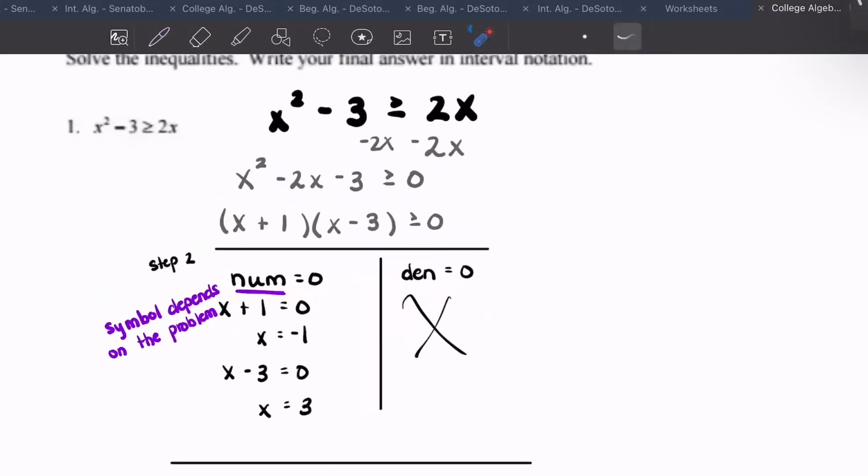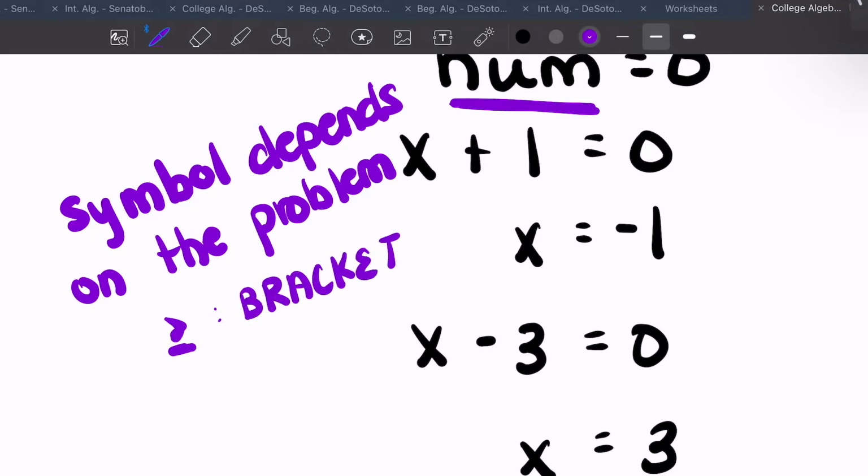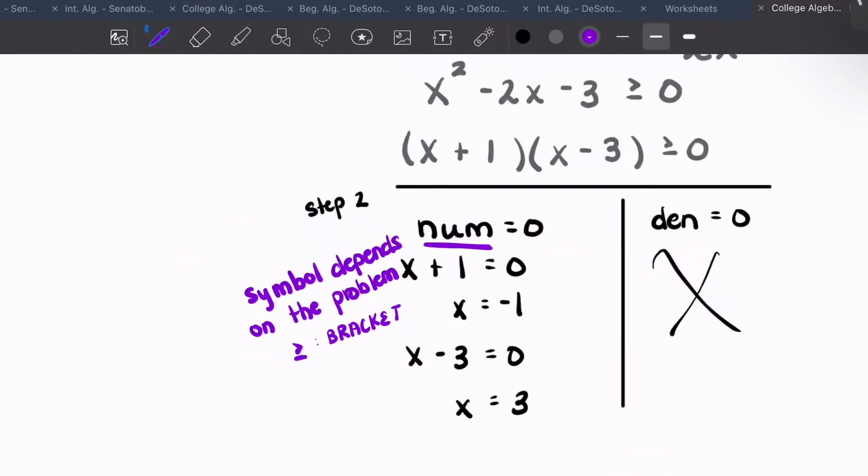If I have an equal to sign, I use a bracket. If I don't have an equal to sign, I use parentheses. Whichever one you have is what you use. This has greater than or equal to, so I use a bracket. So wherever I see a negative 1 and a 3, which are the only numbers I'm going to see because I don't have a denominator, I'm going to use a bracket.